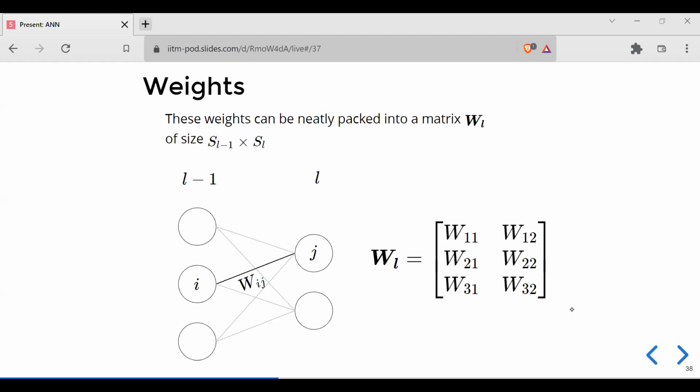The output coming from the first neuron of the (L-1)th layer goes to the first neuron of the Lth layer. So W11 denotes the weight learned from the first neuron of the (L-1)th layer to the first neuron of the Lth layer. These are the notations for WL.